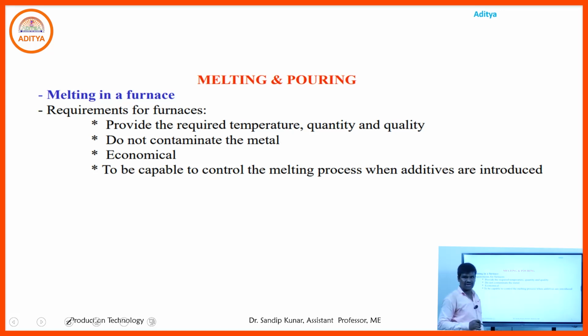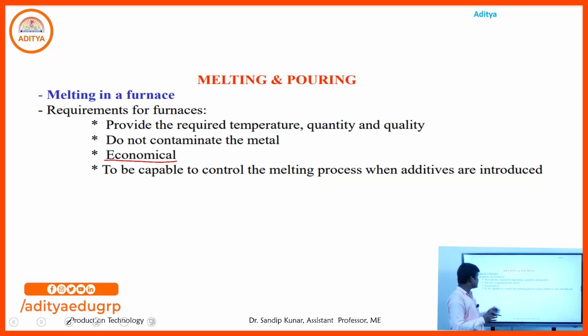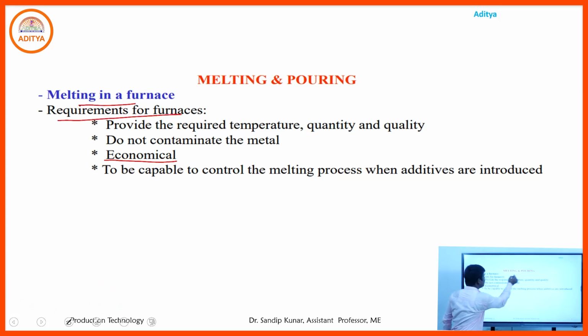Then, do not contaminate the metal, meaning do not mix any impurities into that metal. Another important thing is that the pouring done by the furnace should be economical. Another requirement is to control the melting process when additives are mixed with the metal. These are the requirements for furnaces for melting and pouring.